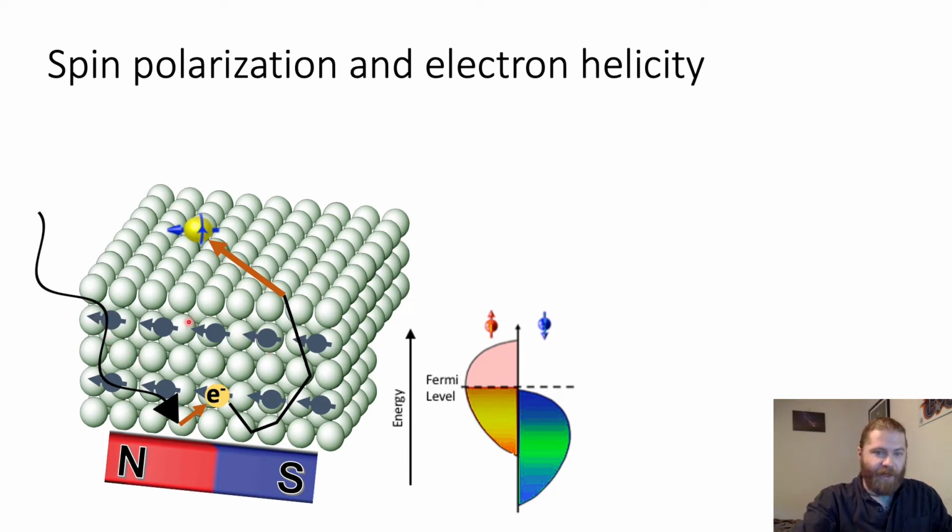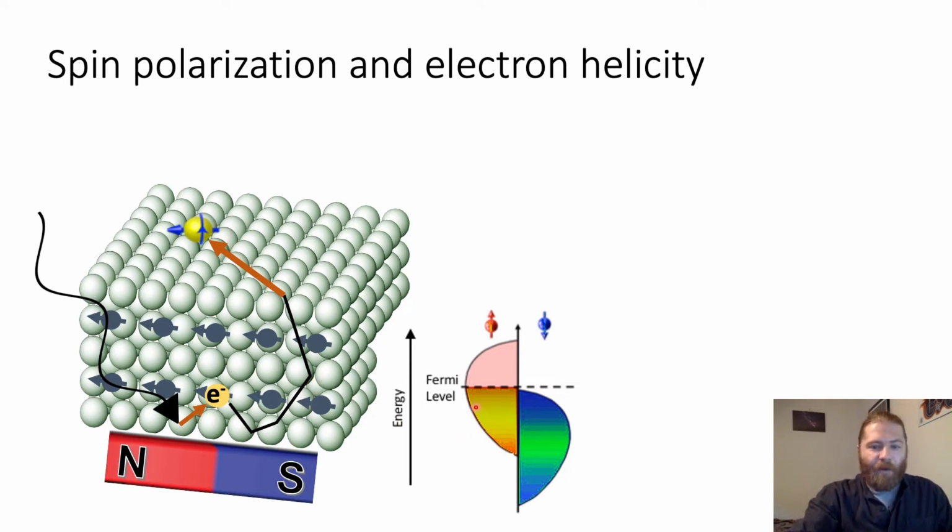You can imagine here our schematic of an iron surface where all of the spins within the iron, or at least the vast majority of them, are pointing in the same direction. When ionizing radiation comes in, it can excite one of those electrons, which then scatters through the solid and can escape the surface as a secondary electron.